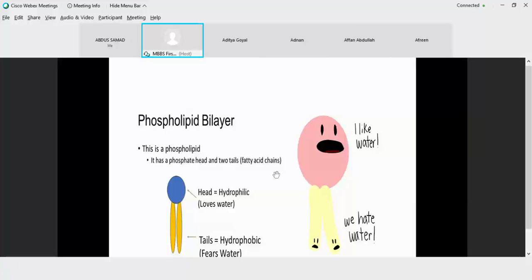The head part is the polar part, the phosphate and the alcohol, and the two chains are attached to the backbone as two fatty acid chains. The head part is hydrophilic in nature, and the tail parts are hydrophobic. That is the orientation in which they are aligned in the structure of a membrane.